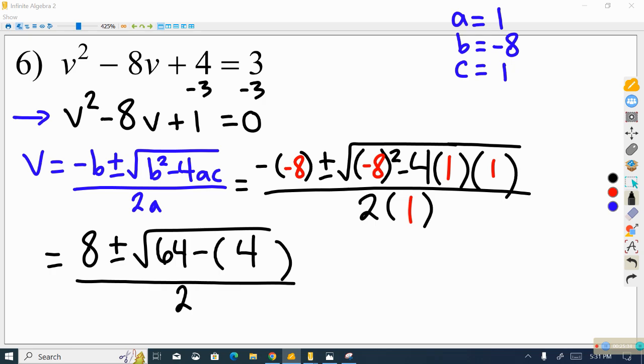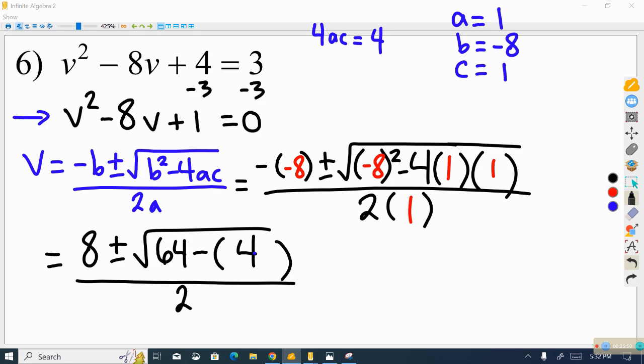Okay, so as I was telling everybody in class today, you may want to do the calculation of 4ac in a separate little area to make sure you don't mess it up when you're doing the rest of your work with the formula. But 4 times a times c means 4 times 1 times 1, and that's just equal to 4, right? So that's why we have only a positive 4 inside the parentheses.